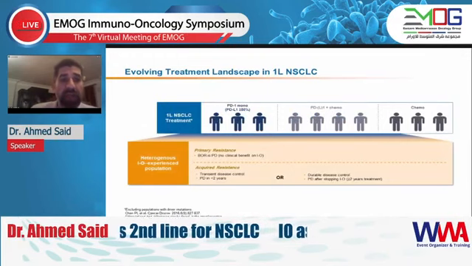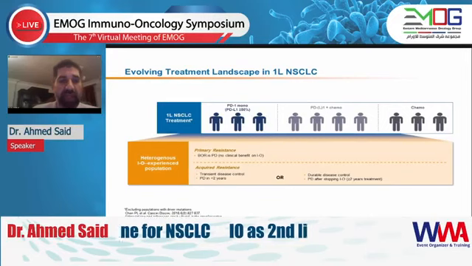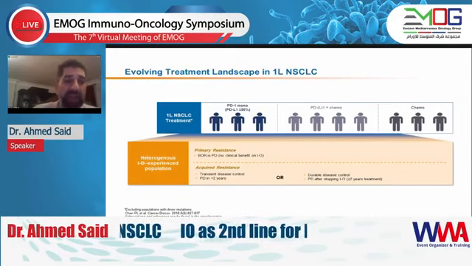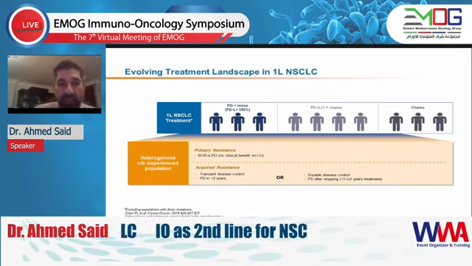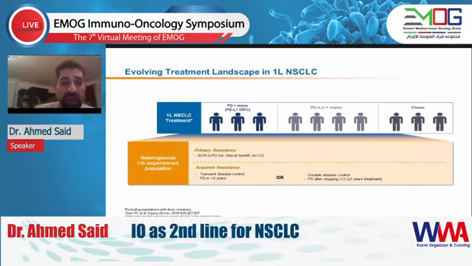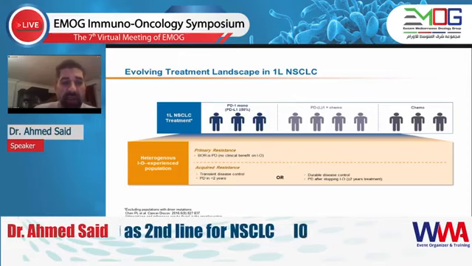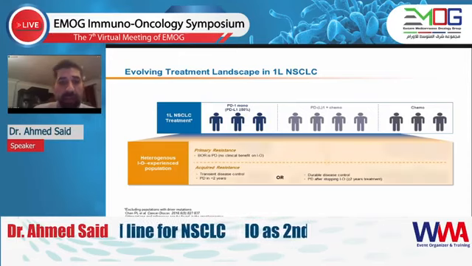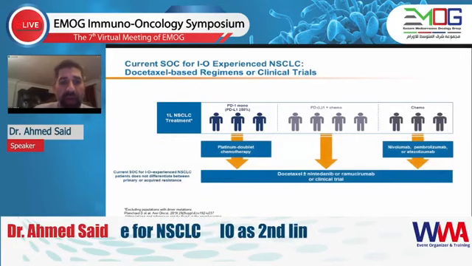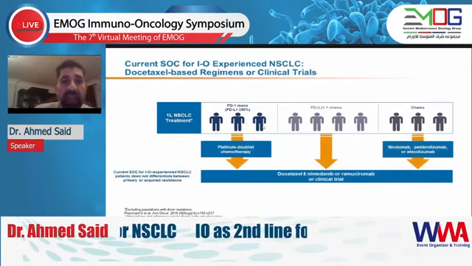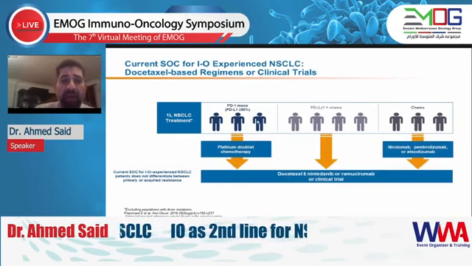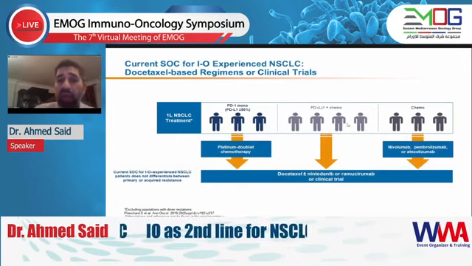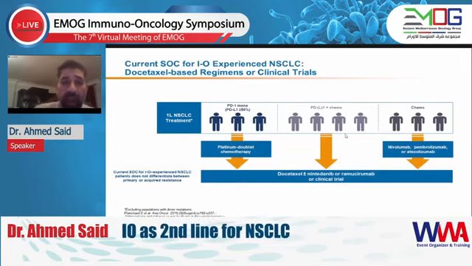So, the evolving treatment landscape: in the first line, we now have immunotherapy, and the second-line setting will have some IO-experienced population, rather than progression after disease control or primary resistance with no response. For first-line treatment, patients may have monotherapy IO, IO with chemo, or chemo.